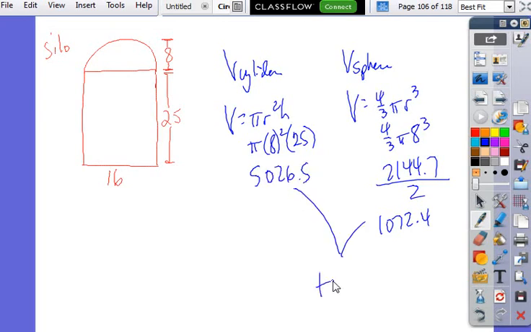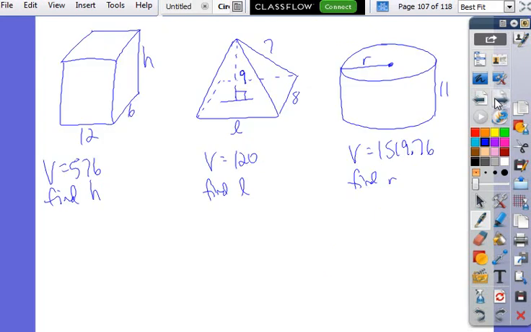If it gives me the volume, plug that into whichever formula. Plug in the parts. Multiply it out on the right side and divide. Same deal here.